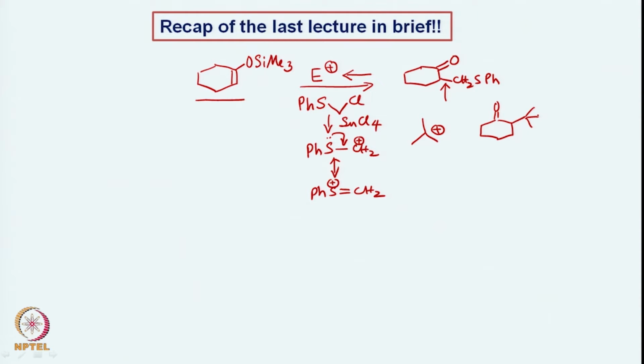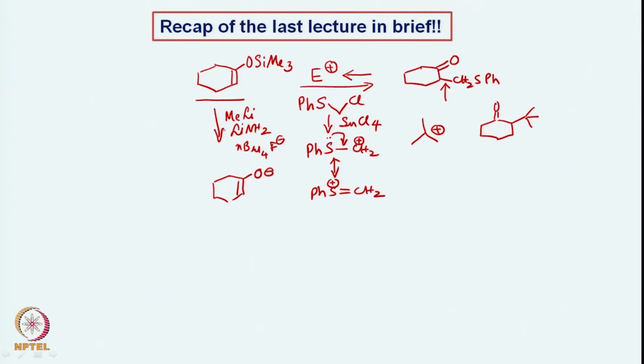So, enol silyl ether is a good option for such reactions, but there is a disadvantage, as we discussed, that only strong electrophiles can be reacted. On the other hand, we can also react it with, say, methyl lithium or lithium amide, or even tetrabutyl ammonium fluoride, and then we can generate the corresponding enolate.